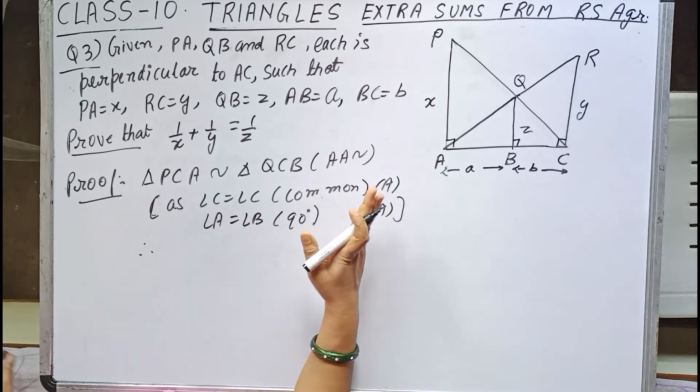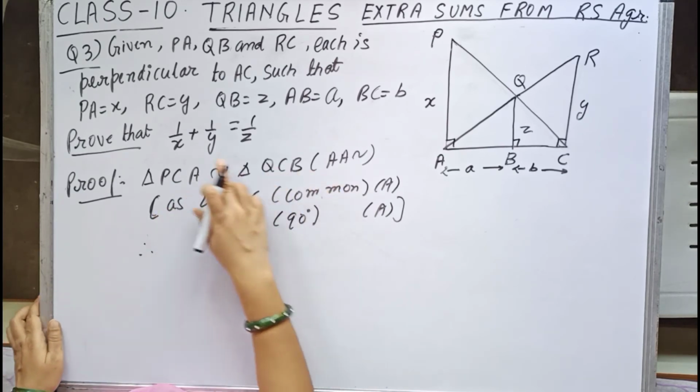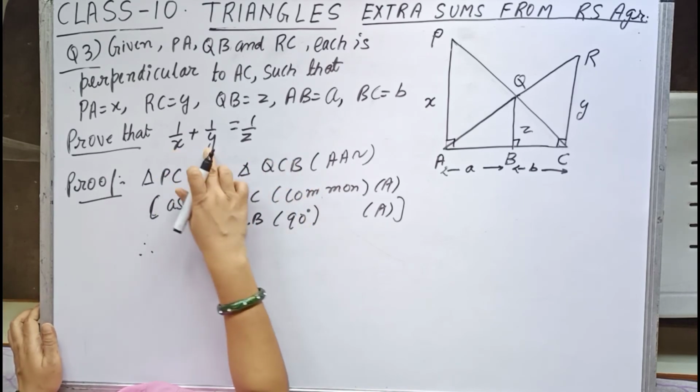Therefore, now if these two triangles are similar, sides will be in proportion. You write the smaller part first, because 1 by x and 1 by y are in the denominator.